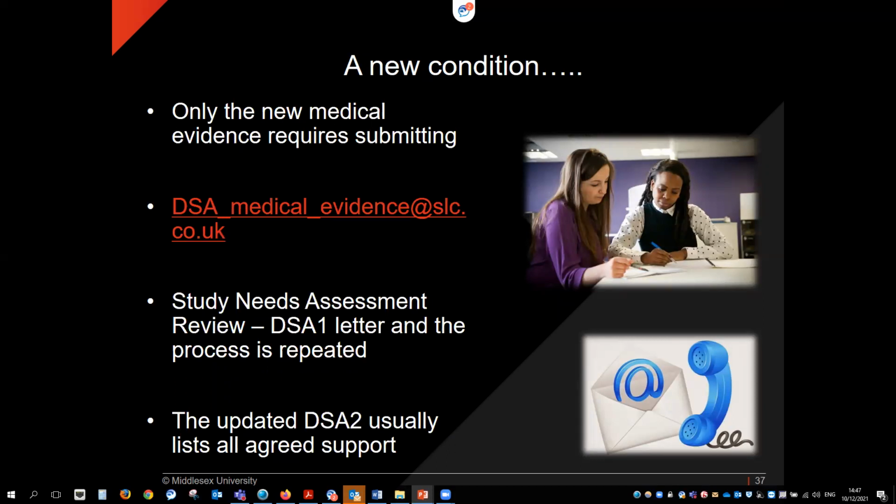The study needs assessment will be done as a review, and the student again will go through the process of receiving the letter, the DSA 1 letter, which tells them to go for study needs assessment review, but they will be advised to go to their original center. So if they've come to us for their original assessment, they have to come to us again for the review appointment. And they'll get another DSA 2 letter after the assessments. Basically, the process will happen again. It's just quicker this time.